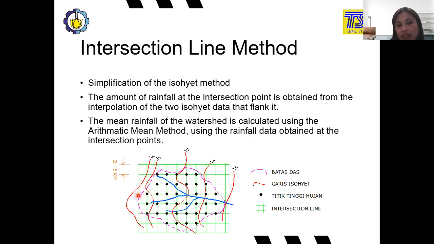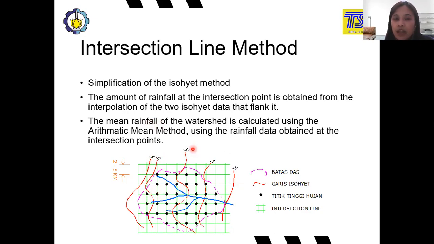So we can compare it. It is nearer to isolated line number 2, so the amount of rainfall at this point will be similar to isolated line number 2. Maybe it's near to 20, but less than 20, so maybe it will be like 18 or 19 millimeters, for example.